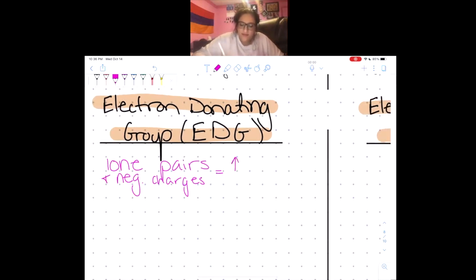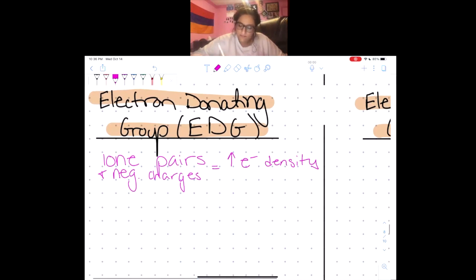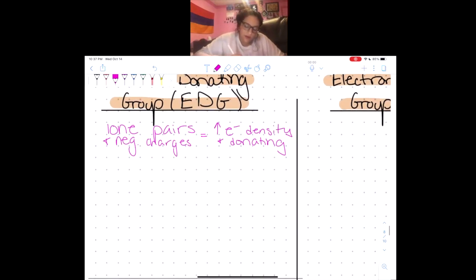So it tells us there's a lot of electron density, which we are able to donate. And so some of these examples are NH2.